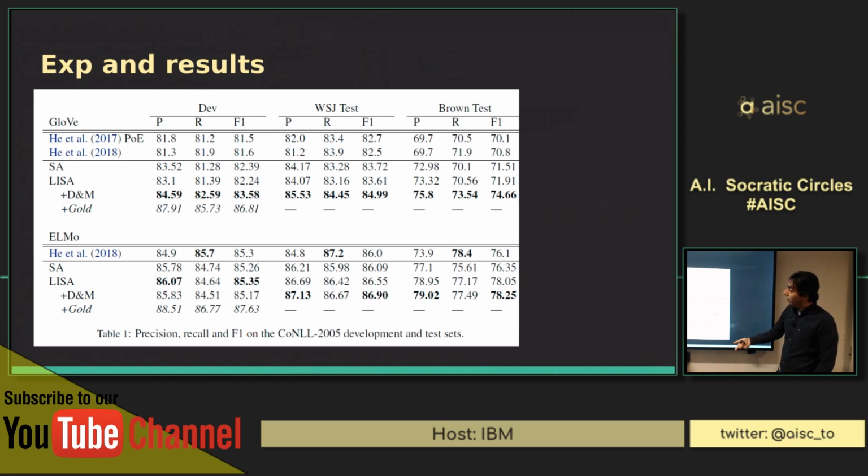With that parsing, you already beat state of the art. But if you provide gold, then you see almost a 3 point jump in F-score, which is big. The higher you go, obviously, the harder it is to increase the F-score.